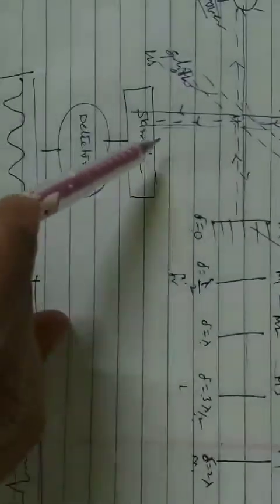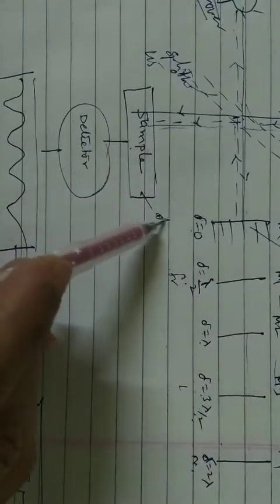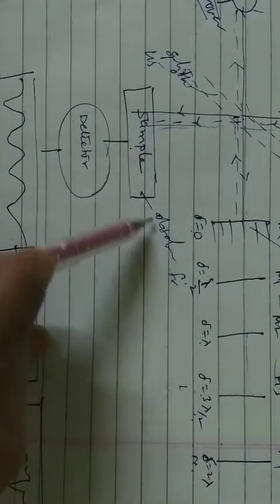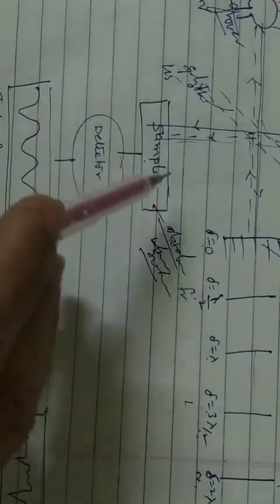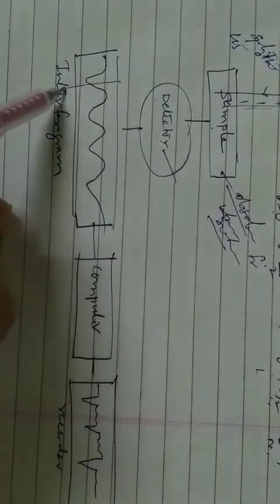The sample absorbs the radiation with respect to its vibrational and rotational frequencies, as we learned in the previous videos, and this is detected by the detector. The detector gives you the interferogram in the form of waves, which is very complicated.